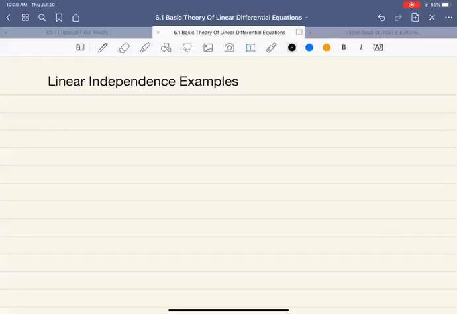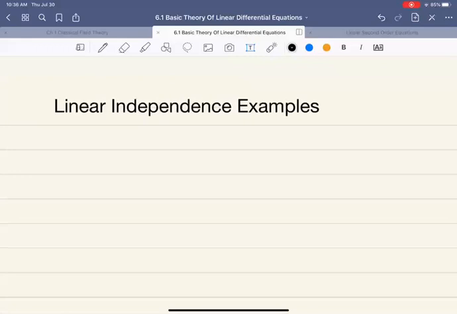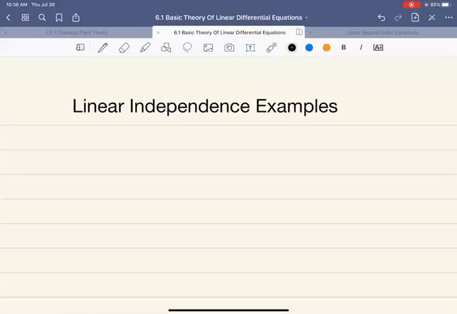All right, so let's do a couple examples with linear independence. So we're just going to ask if a couple of sets are linearly independent.